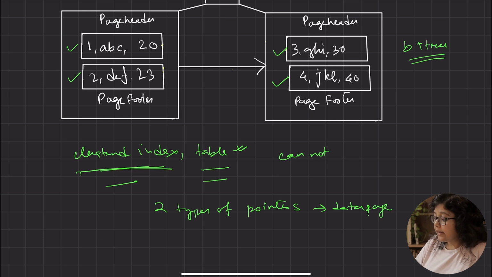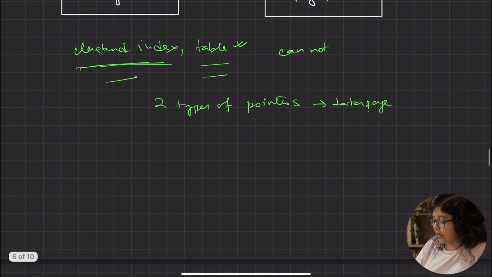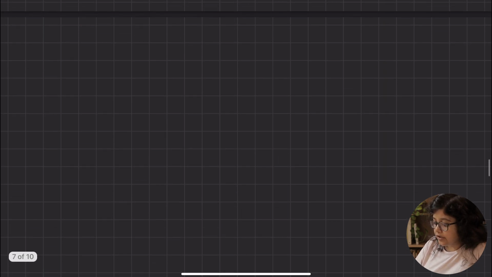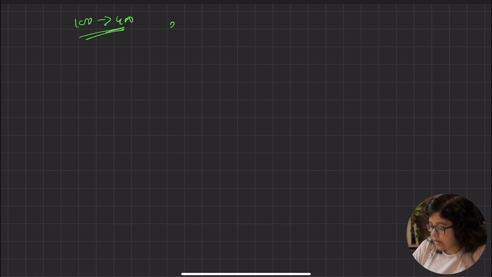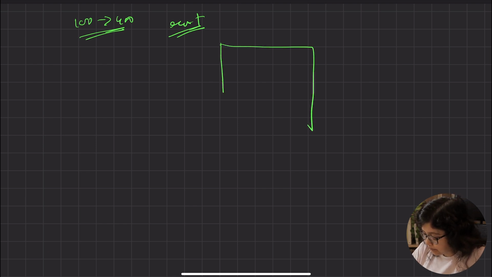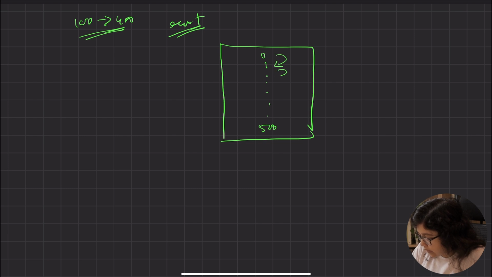Let's say a data page can contain 500 records and we want to fetch the records with IDs between 100 to 400. So our search will begin from the root and it will follow the routing information in the B plus tree to get the data page which contains the records from 0 to 500. And here each of the records is pointing to the next record.